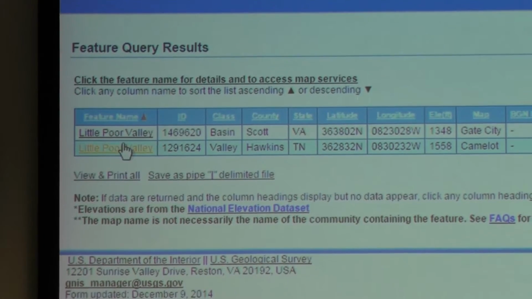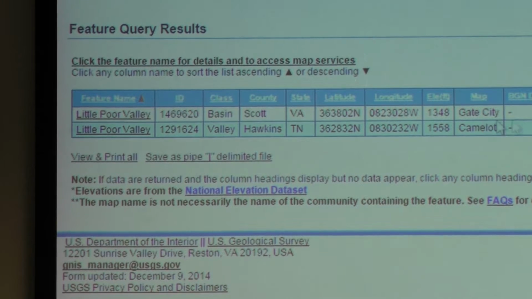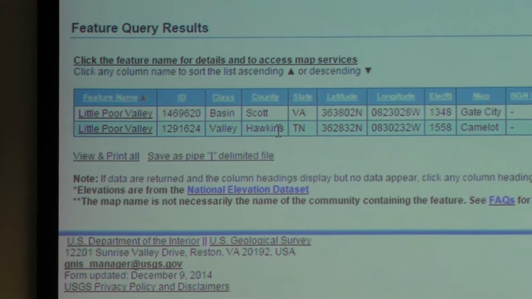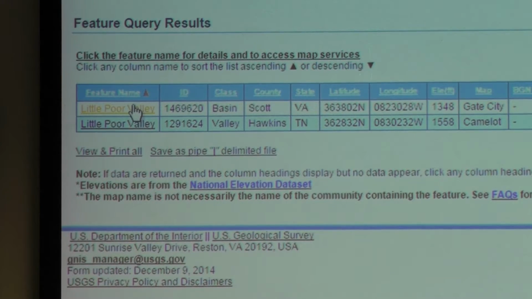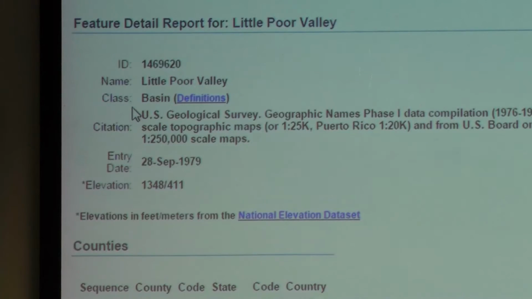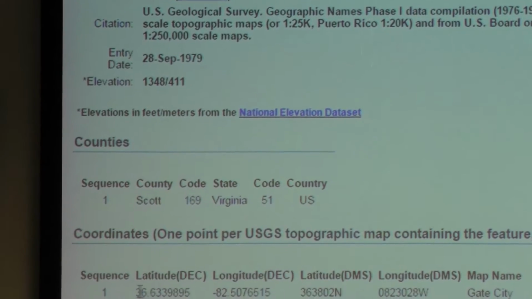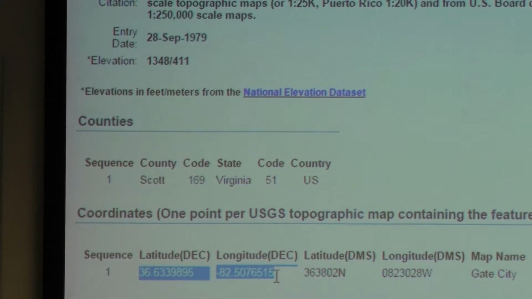Here's a Little Poor Valley in Scott County, Virginia, in the Gate City map, and a Little Poor Valley in Hawkins County, Tennessee. Okay, so there it tells you they're both. And this one, if we click on it, then down at the bottom it gives us the decimal coordinates. These are not the degrees, minutes, seconds that we often see, but these are the decimal coordinates.